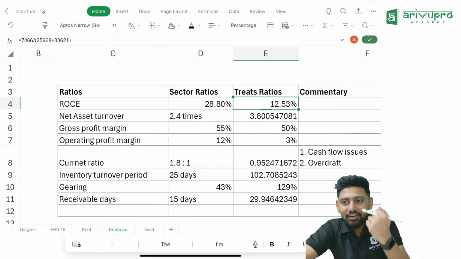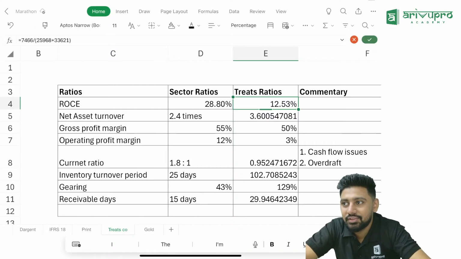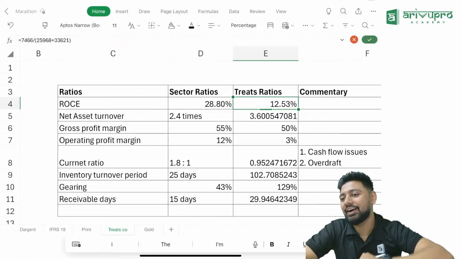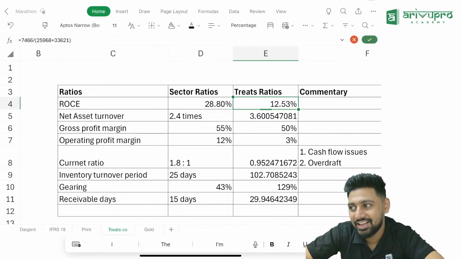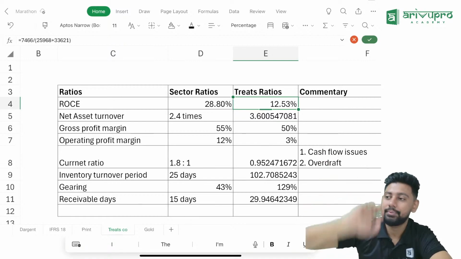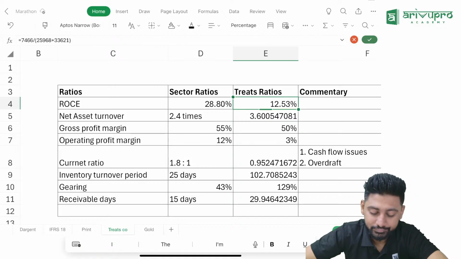Meaning, in the short run, what will happen? Your ROCE will come down. Further impacting ROCE. In the long run, yes, if you make the right sort of investment, it can go up. But in the short run, your ROCE will drop. Are we clear?